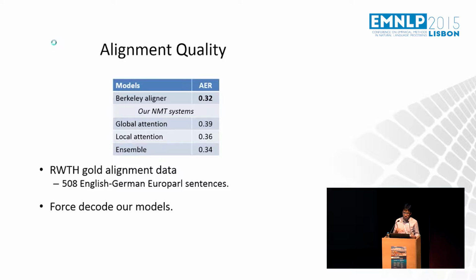So in this work, we look at a set of 500 sentence pairs with gold alignment, and we force decode our model so we can get the alignments out of it. As we have better and better models, the alignment error rate keeps going down. And with our best model, we get about 0.34 alignment error rate, which is competitive compared to the Berkeley aligner.